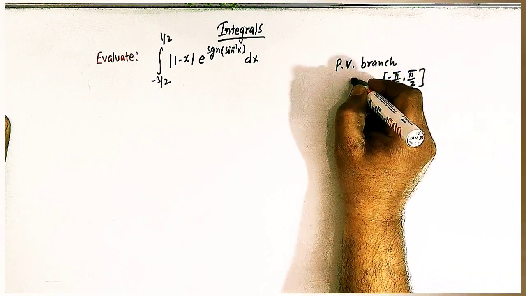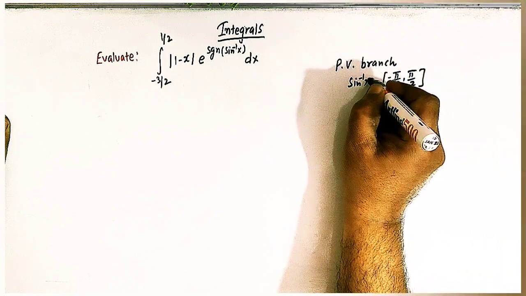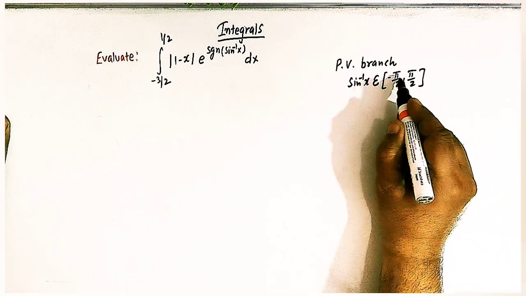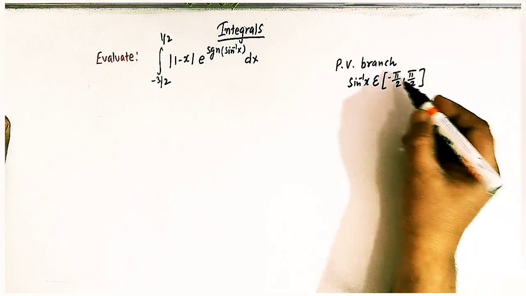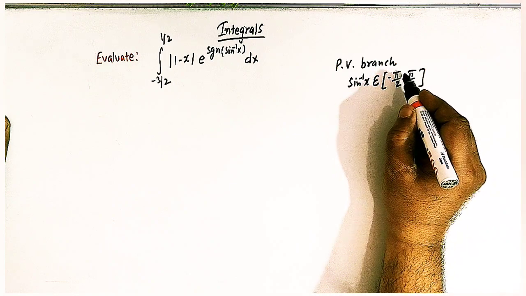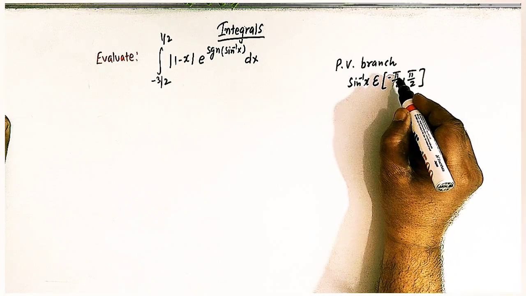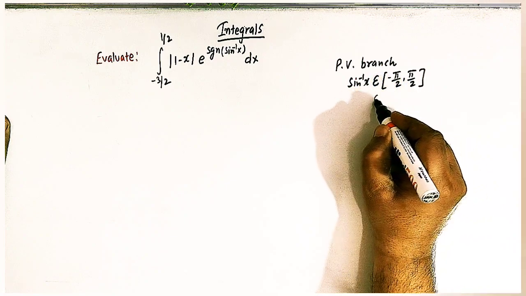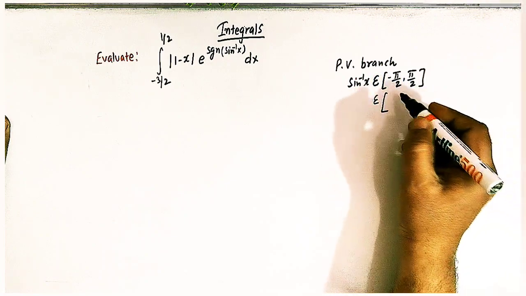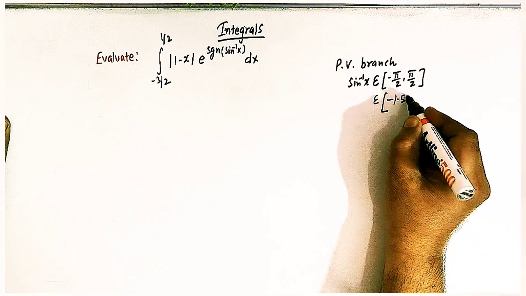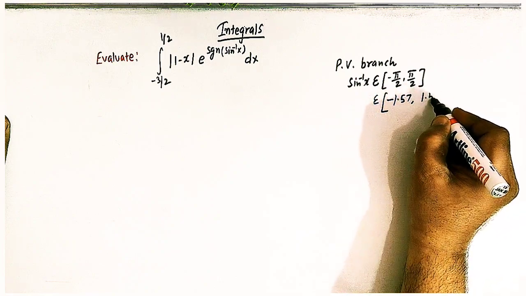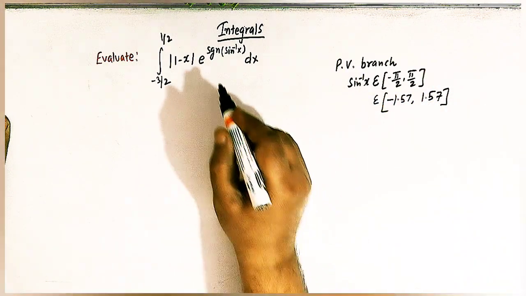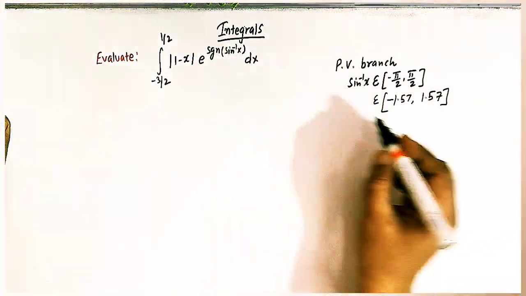It implies that sine inverse x belongs to this interval, and we know that the approximate value of pi is 3.14. So we can also write this interval as minus 1.57 to 1.57, right?